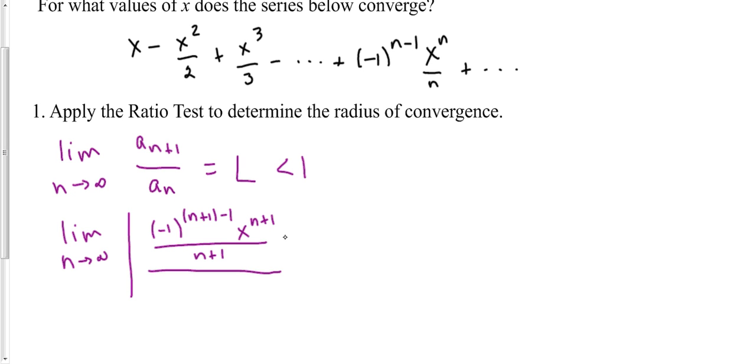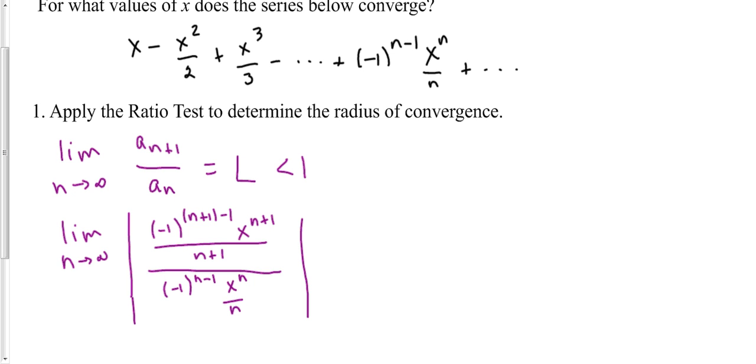And then we're going to divide that by the nth order term, which is going to be negative 1 to the n minus 1 times x to the n over n. And we're taking the absolute value of this whole thing here.